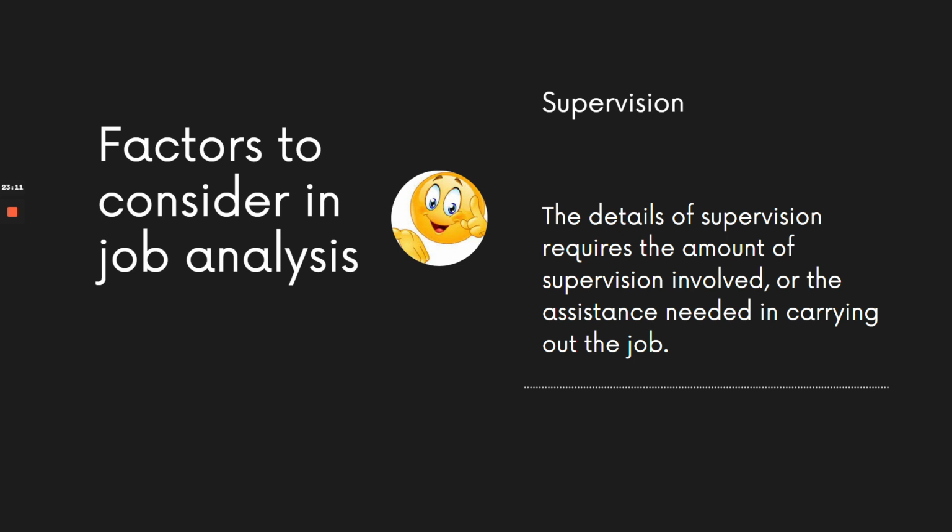So unsa man nga klaseng supervision ang kinahanglan? Kinahanglan ba ang supervisor mag-spend og dako nga time sa imo to guide you in performing the task, or middle or kanang katamtaman lang, or less lang ang supervision.